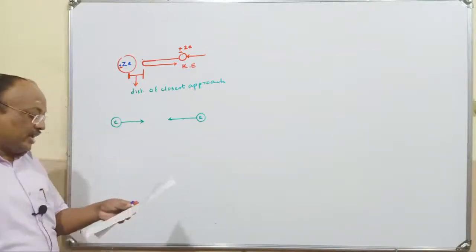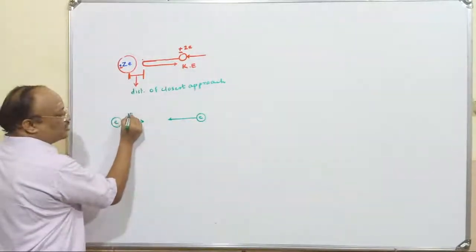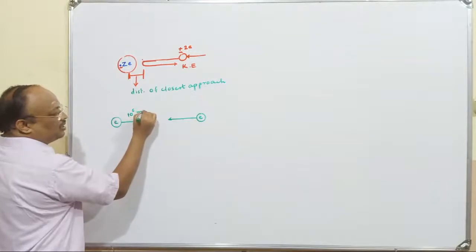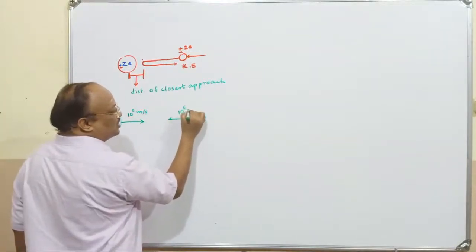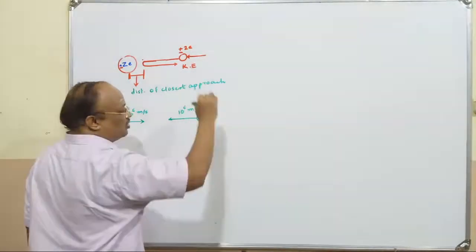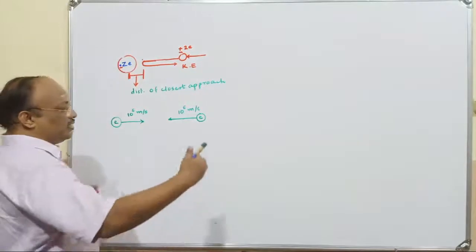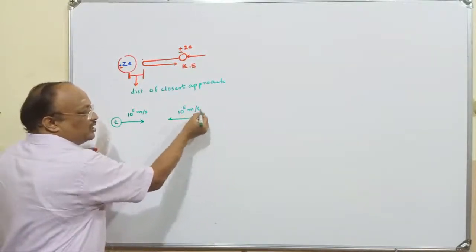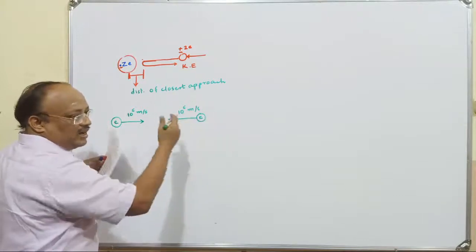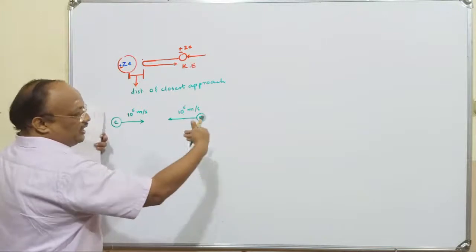They have been given a velocity of 10 to the power of 6 meter per second each. The two electrons are moving with this velocity, so they have kinetic energy, and because of that they are approaching each other.